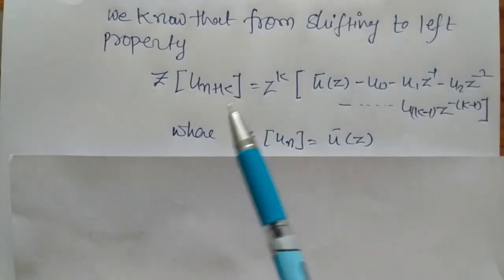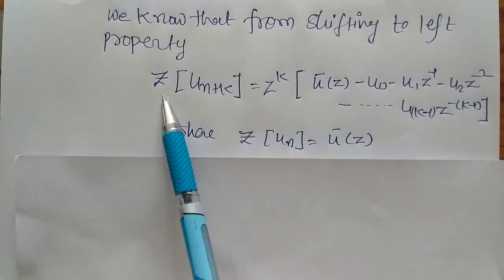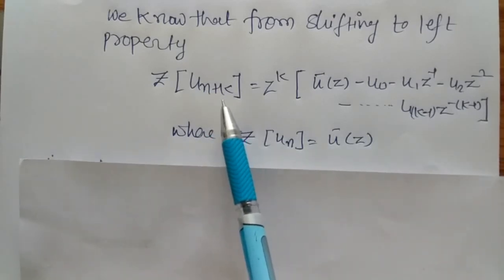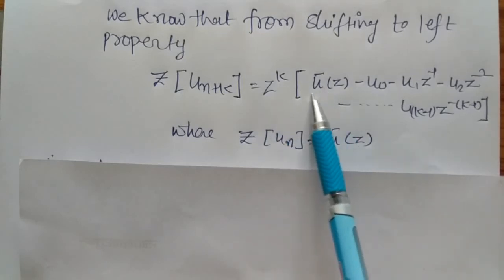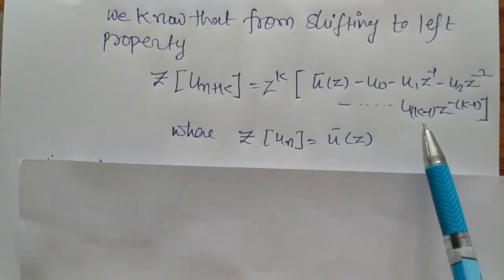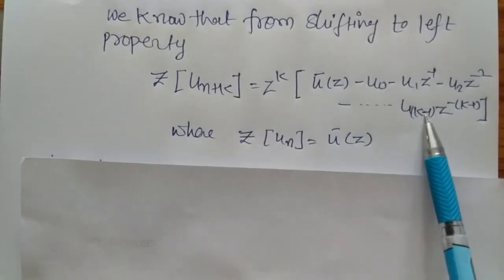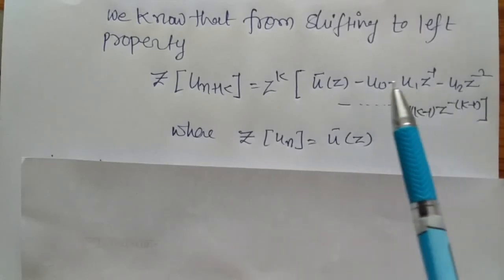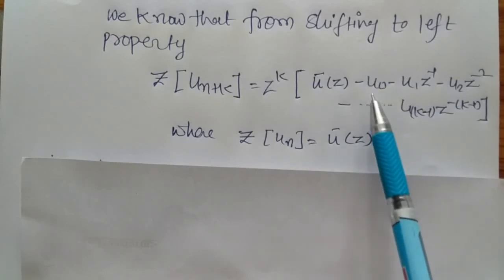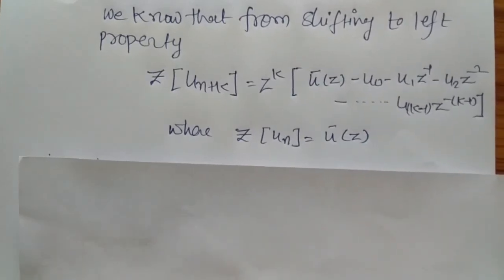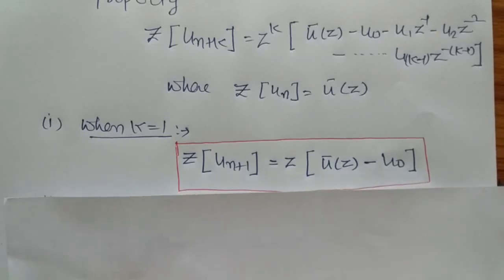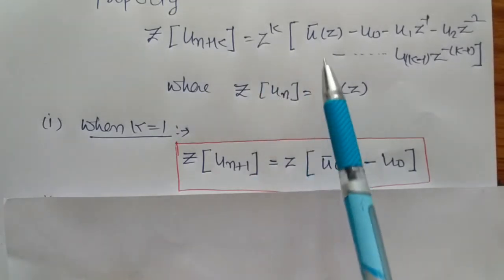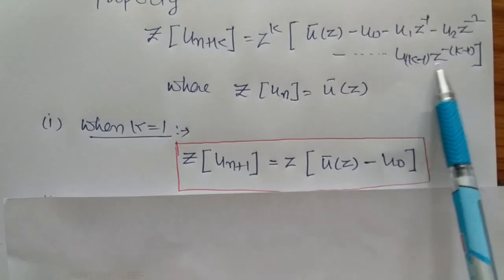Now for k equal to 1, this negative series goes up to u0 z^0. So z transform of the sequence u(n+1) is z into u bar z minus u0.